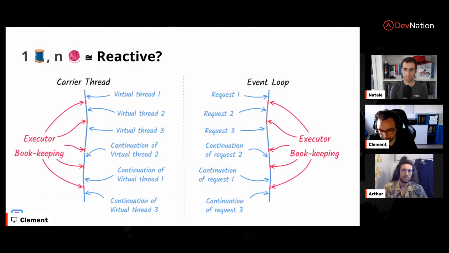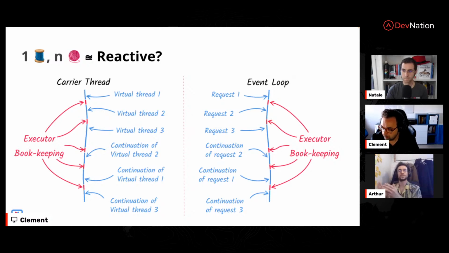So one observation that we could make right now is that the model of the carrier thread, on top of which are going to be mounted virtual threads, might remind us a bit of the model of the event loop, right, on top of which are going to be executed different requests. But now the main difference is that the virtual threads in the case of Loom can be suspended. As Clement told you, when you develop in a reactive way with event loops and callbacks and stuff, you need to separate your continuations.